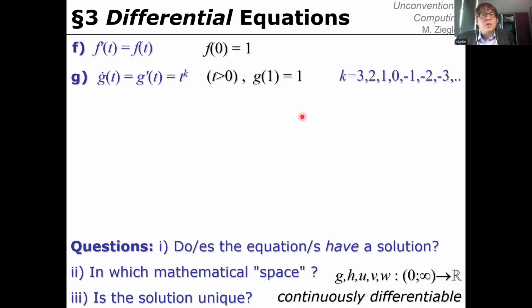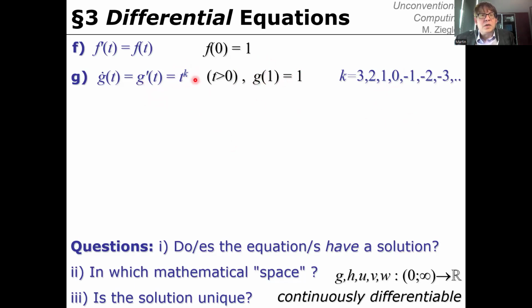We can also try to solve it when k is equal to 0. When k is equal to 0, t to the k means 1, so we have another differential equation: g prime must be equal to 1. The solution for that is t. Of course, if we take the derivative of t, the derivative is 1, exactly as required, and g of 1 is equal to 1.